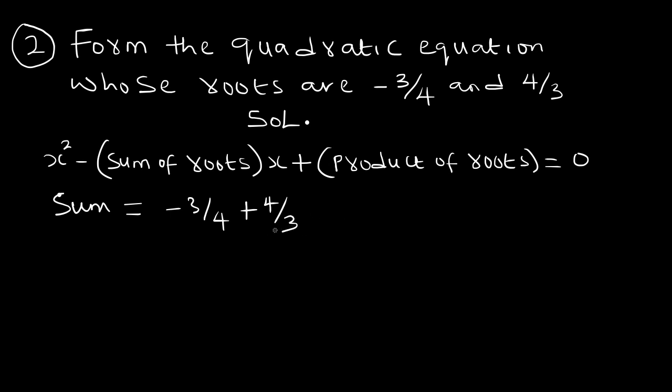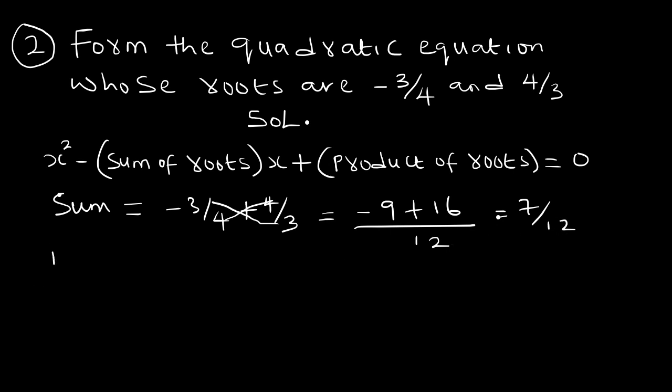So if we add this up using the cross multiplication method, 3 times minus 3 is equal to minus 9, and 4 times 4 is 16, all over the product of the denominators. So 4 times 3 is 12. And this gives us 16 minus 9 is 7 over 12. So this is our sum.